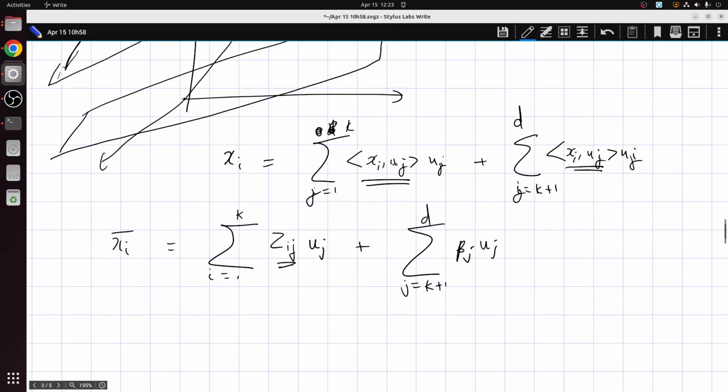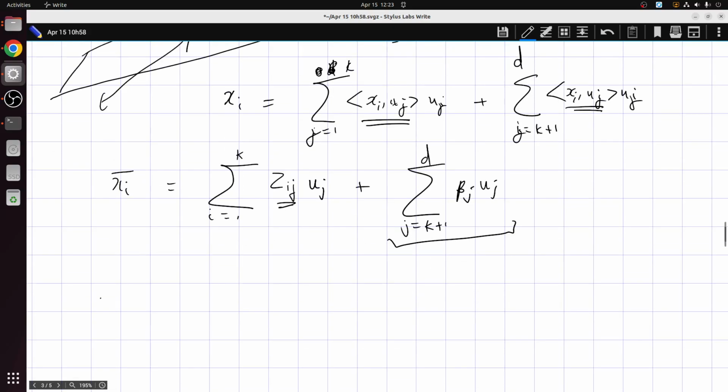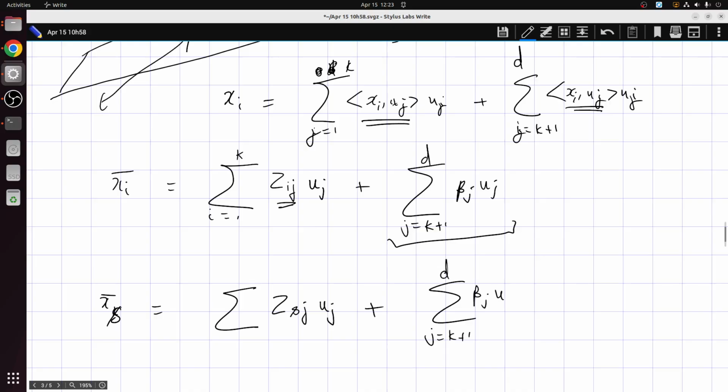So this is constant for others. If I want to be a little more precise, if I take some other point xs bar, that will be zsj uj plus the rest, k plus 1 to d, beta j uj, which will be the same. The only part that changes is here.